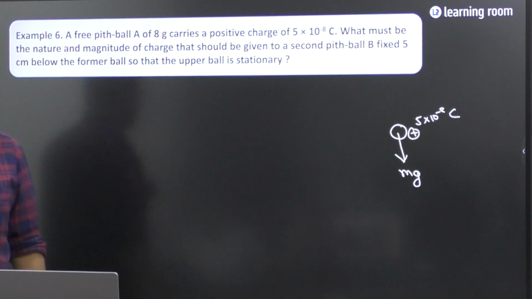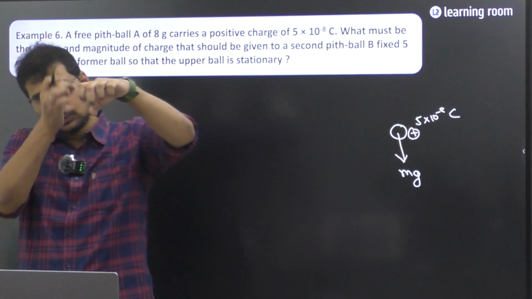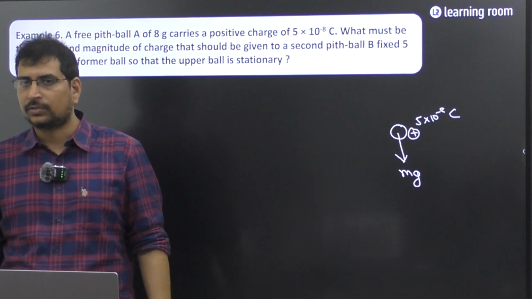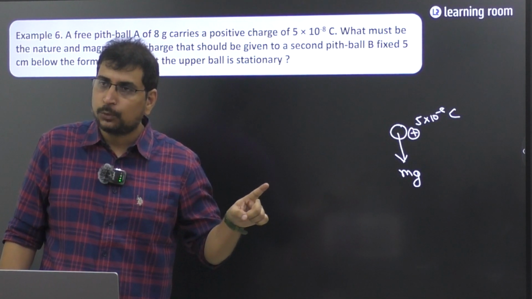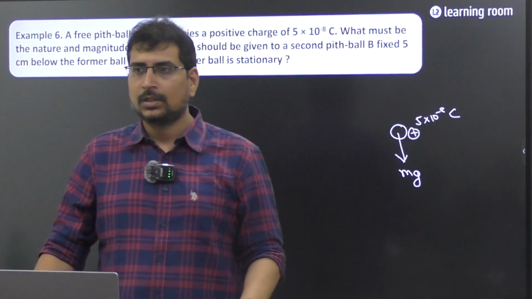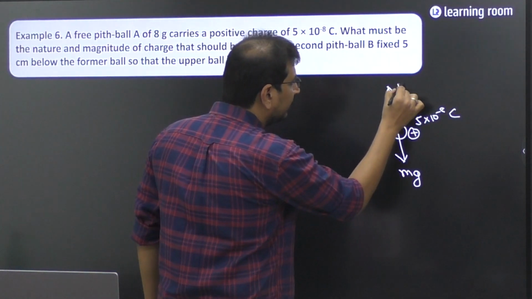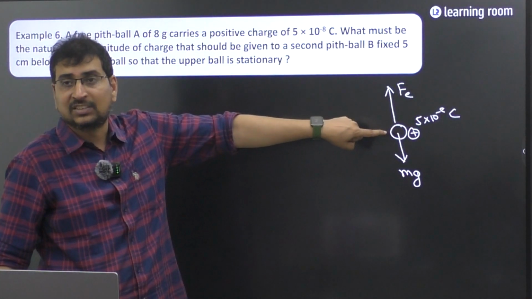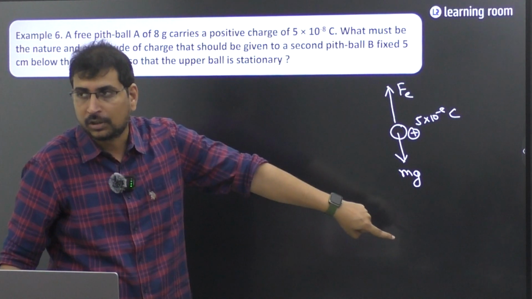You're able to understand? So, one thing I can understand is gravitational force always acts in the downward direction. So, mg is always downwards. So, if I need to balance the system, I need to apply the electrostatic force in which direction? Upward direction. If that should happen, means if this positive charge should experience a repulsive force, because you are keeping an object at the bottom.